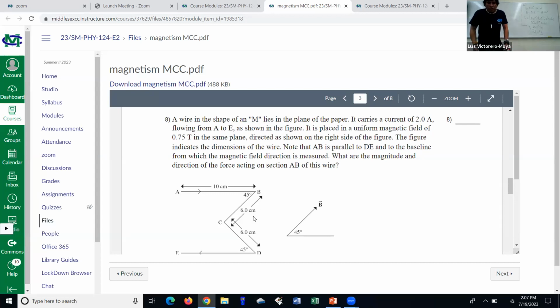So here we're going to use the equation for a wire with a current, but we have an M shape.